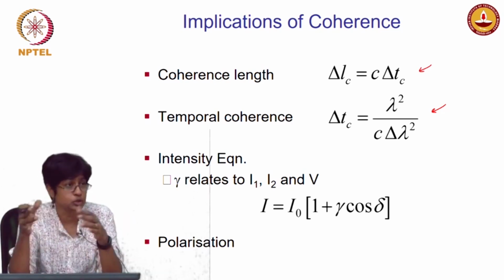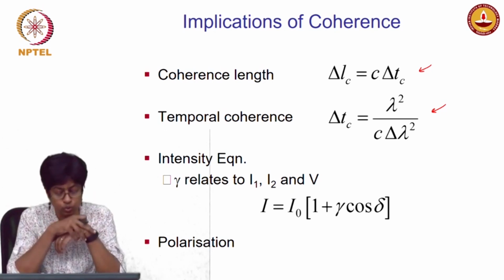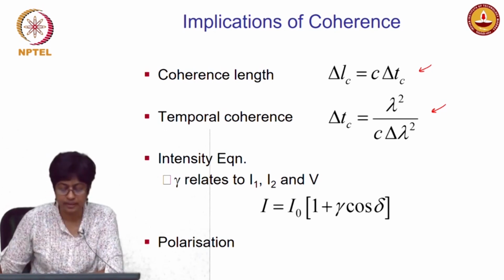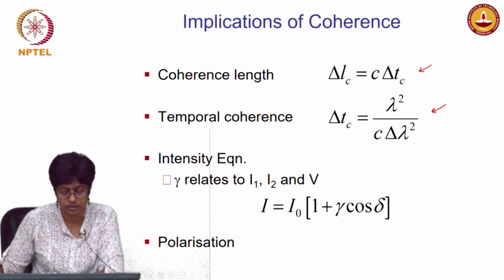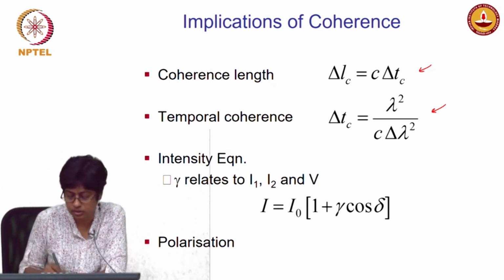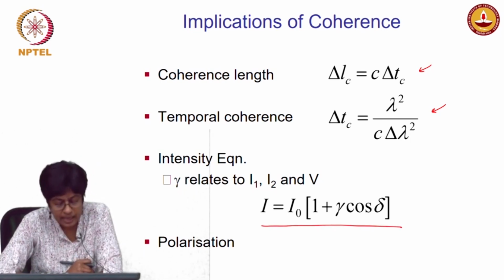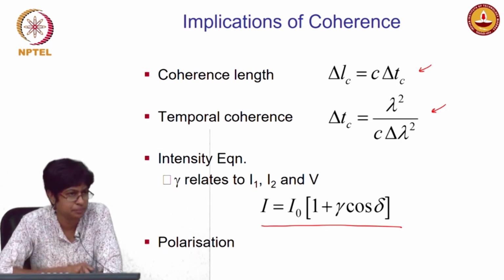And if we take two beams and take the interference of those two beams, and we'll do that derivation now, you will get an interference equation of this kind. This is the equation where you have interfered two beams, and we'll see what each of these parameters means.